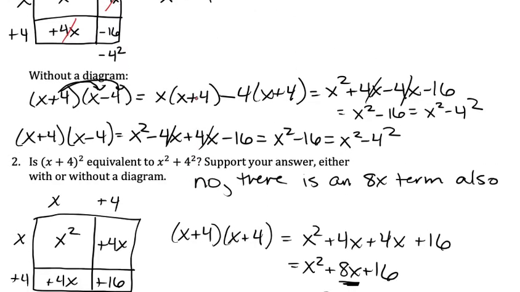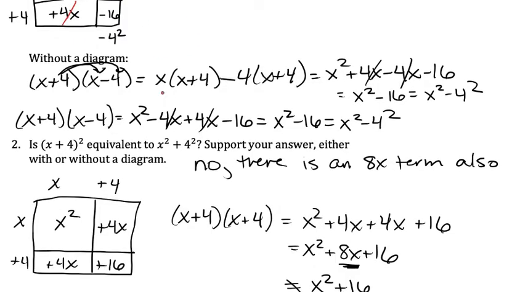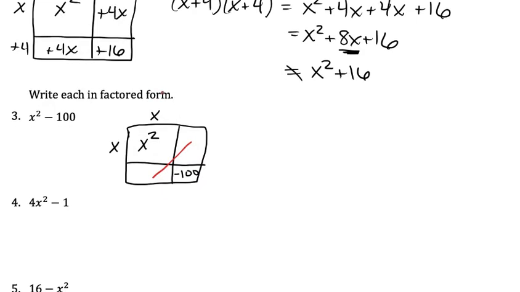Just like up here, plus 4x and minus 4x canceled each other out. So the way that we can get that is with minus 10 and plus 10. So this would be minus 10x. This would be plus 10x if we put plus 10 here and minus 10 here. So my two sets of parentheses would be x minus 10 and x plus 10.